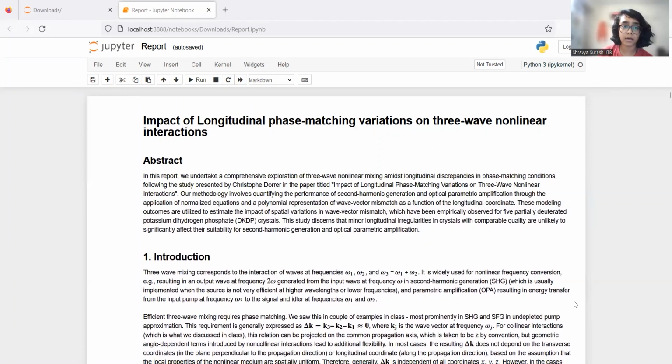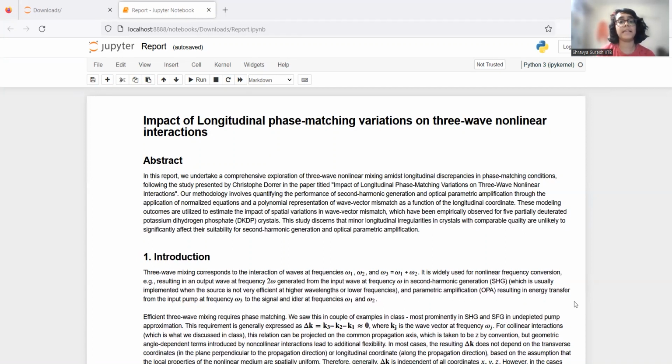So in our project, we first quantify the performance of second harmonic generation and optical parametric amplification by applying normalized equations and a polynomial representation of our wave vector mismatch as a function of the longitudinal coordinate, which we generally take as z.